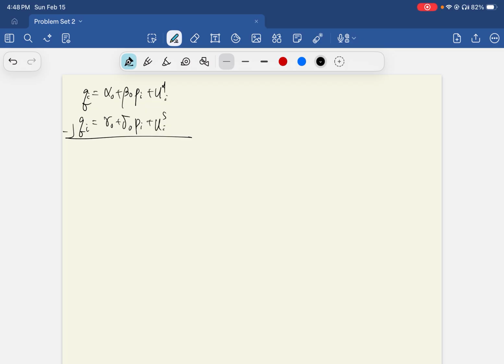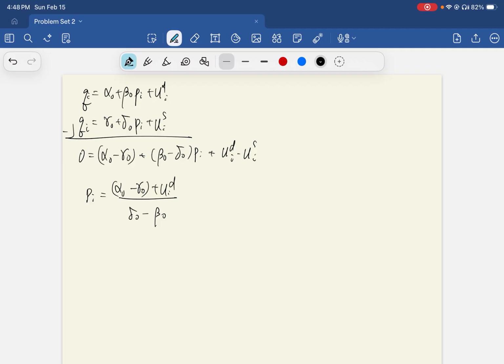I will take the difference, and then say 0 is alpha minus gamma_0 plus beta_0 minus delta_0, P_i plus U_D minus U_S. Then if you rearrange, P_i is delta_0 minus beta_0 in the denominator, and on the numerator you get this form. This is the equilibrium price, right?